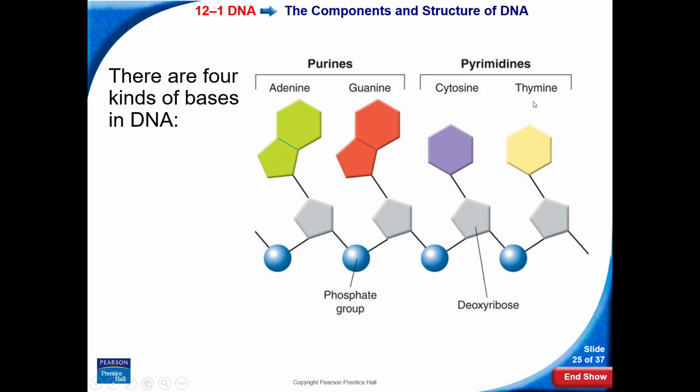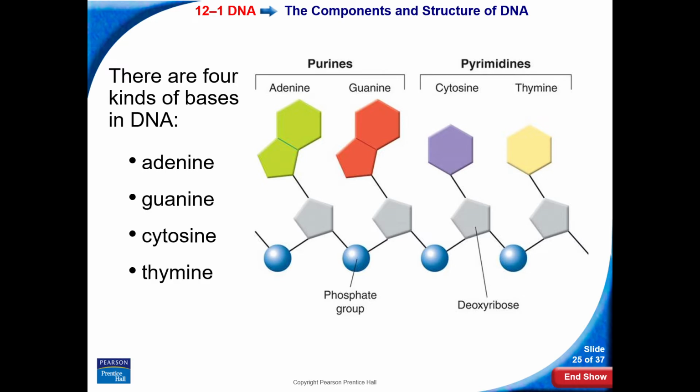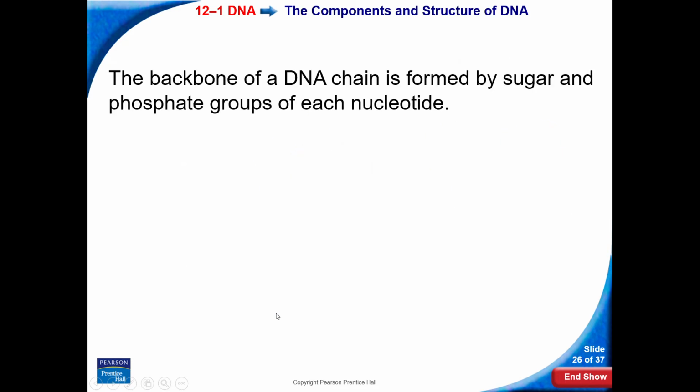As we'll see later, a small one will always bond with a large one, and adenine will always bond with thymine, and cytosine will always bond with guanine. So we'll always end up with the same width in the middle of the DNA ladder. So we have adenine, guanine, cytosine, and thymine. Each nucleotide is going to be named by its nitrogen base because the other 2 components, the sugar and the phosphate, are the same.